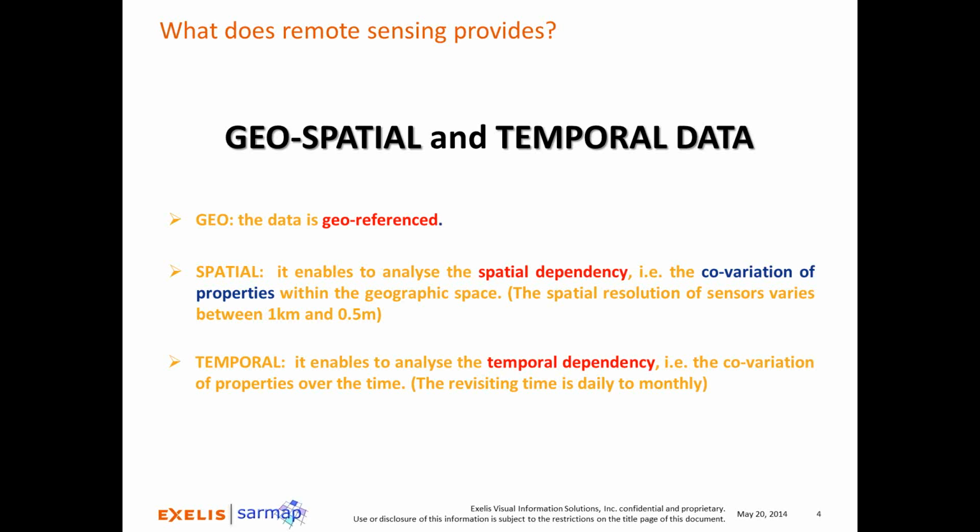So we can follow the temporal variations of our objects. And of course, they are not just pictures, but physical measures. So if we are able to properly calibrate our measurements, we can get physical measurements out of our pixel values.